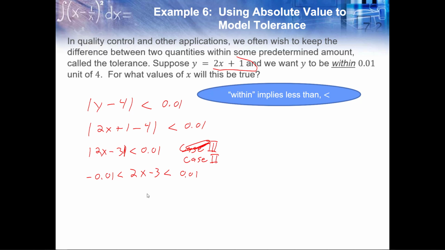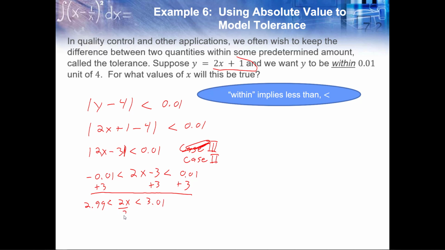Now, the very first thing that we can do is add 3 to all three sides. Plus 3, plus 3, plus 3. And if we add vertically, we will have 2.99 is strictly less than 2x, which is strictly less than 3.01.